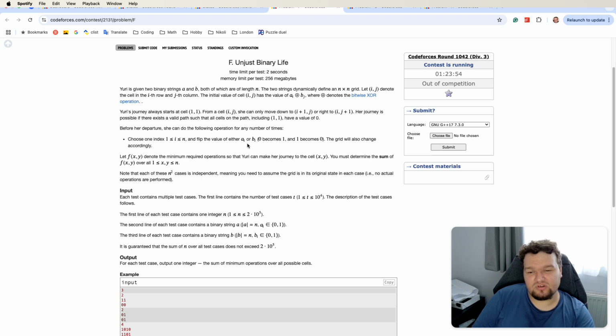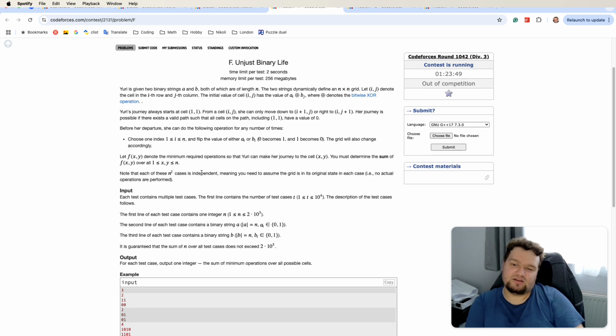But now we need to calculate the sum over all x, y. This is actually not that simple.